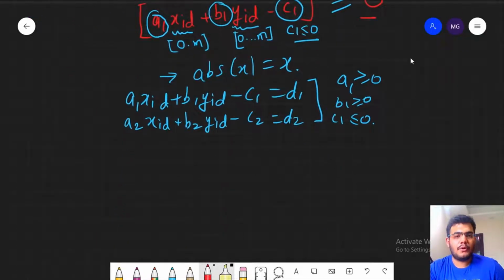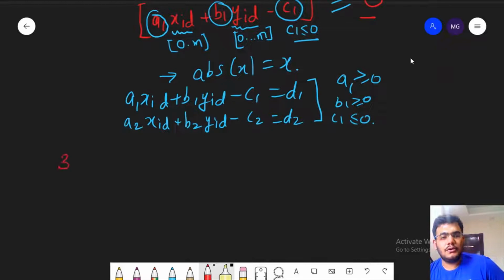There is one more problem here. We have two equations till this point with the condition that a1, b1, a2, b2 will be greater than or equal to 0 and c1, c2 will be less than or equal to 0. But if you have studied linear equations, then in order to have a unique solution when we have two equations in two variables, there is a condition, which is that a1 by b1 should not be equal to a2 by b2.